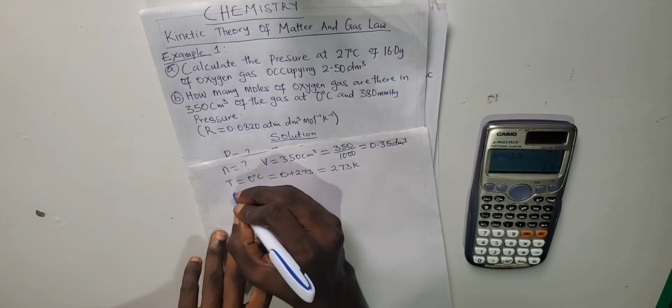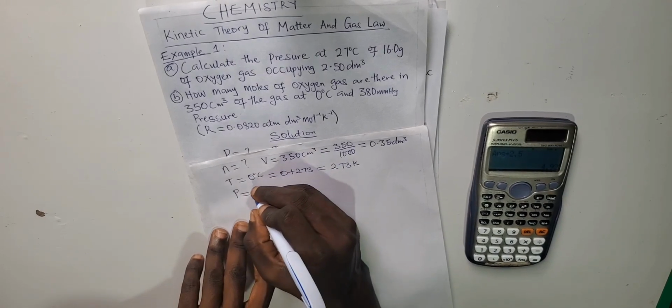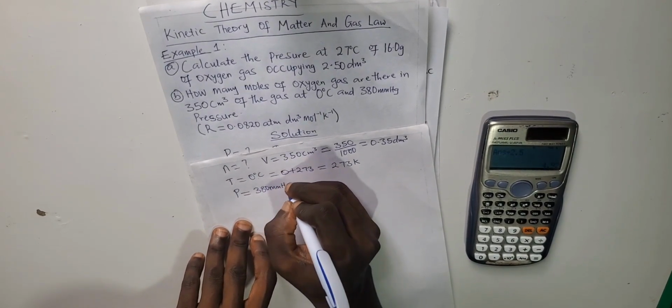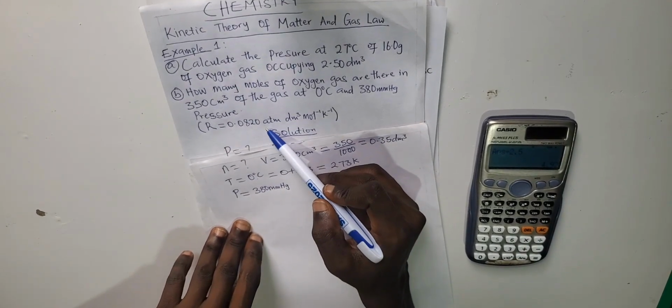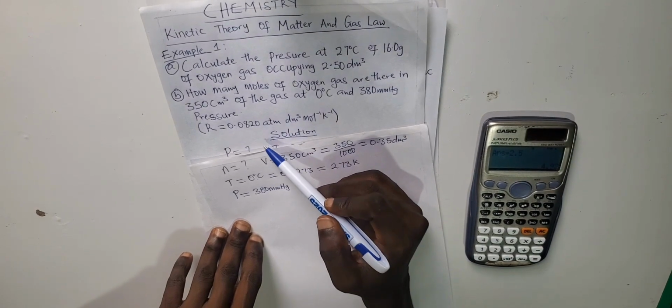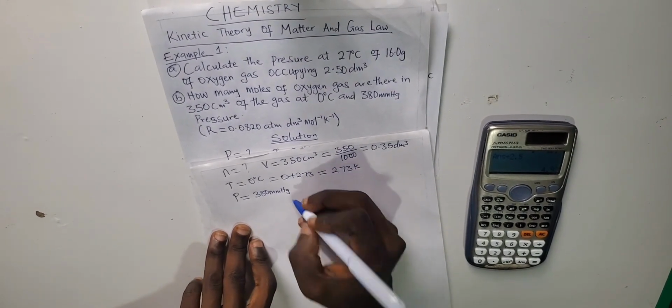I'm also given pressure. Pressure, that is our P, is equal to 380 mmHg, that is millimeter mercury. But if you look at the pressure here, is it in millimeter mercury or ATM? It's in ATM. So we have to convert this pressure to ATM.